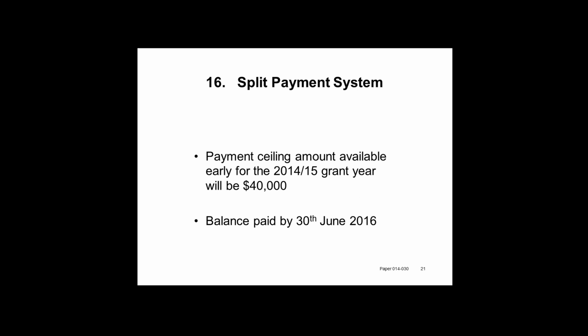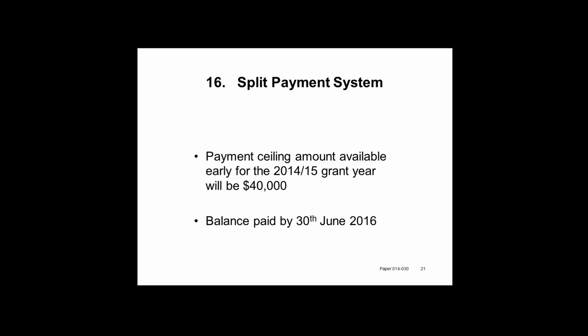So the first payment that the government will make is the ceiling payment. So if your client is claiming less than $40,000, they will be paid that amount fairly quickly, normally within 30 days of lodging the grant application.